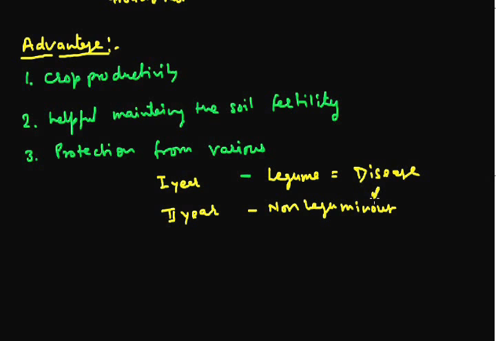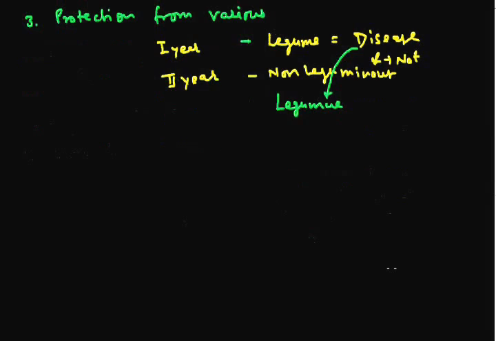This disease will not enter the non-leguminous crop. If we grow the same kind of crop, meaning we grow the legume crop again, this disease will appear in this crop very easily. So if we rotate the crop, we can protect our crop from diseases. So these are some advantages if you use crop rotation in the agriculture field.